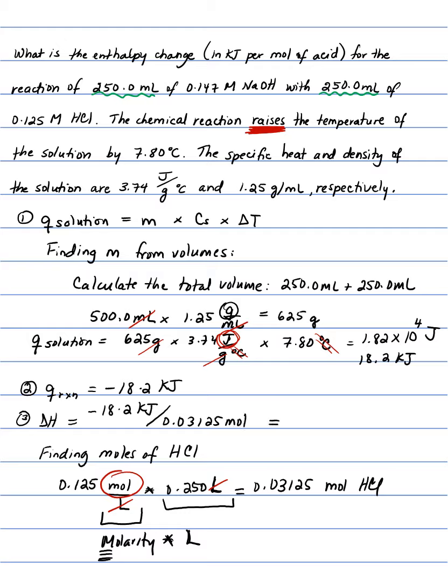So one last thing, 18.2 divided by 0.03125 kilojoules per mole, and that's a negative sign right there.